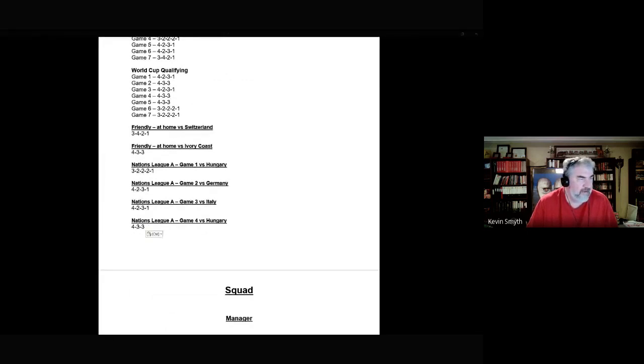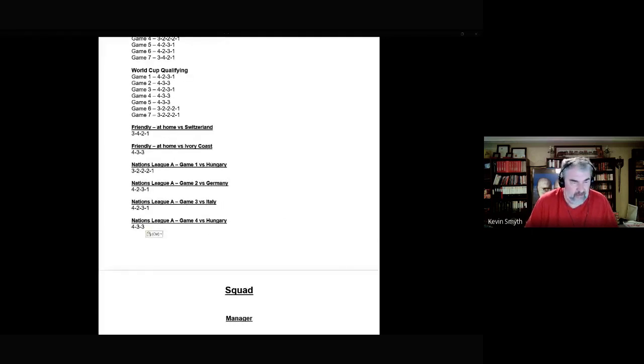So they do tend to favor a 4-man backline, but use a 3-man backline. I won't make any comments on when they use it, because it's not really a pattern.